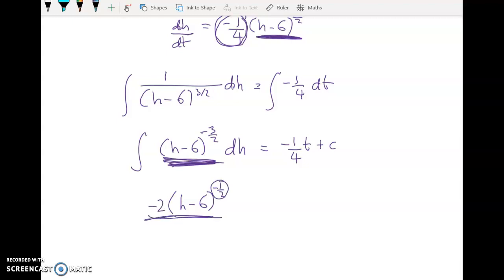And just check back before you go any further that when you differentiate this, you will get back to that. And you can see that you will, because you're going to have the negative 1/2 times by the negative 2, and you've got no chain rule stuff going on with that inside term. So that's looking fine. And here we've got negative 1/4 t plus c.